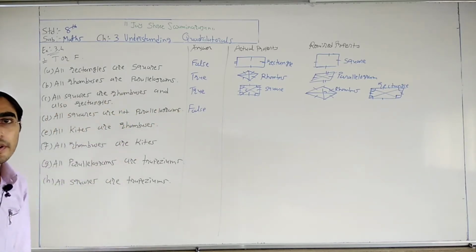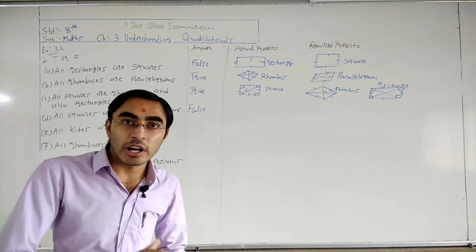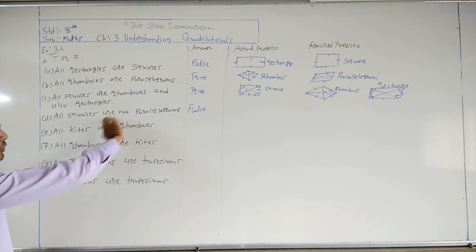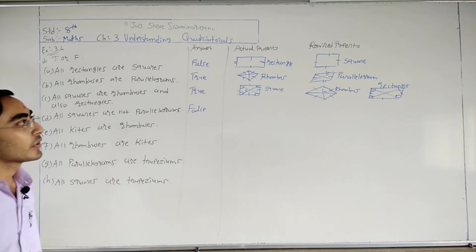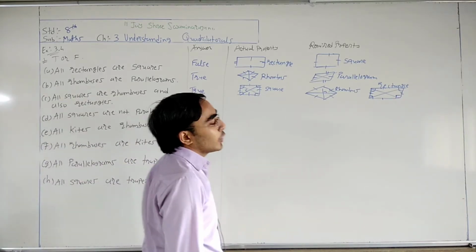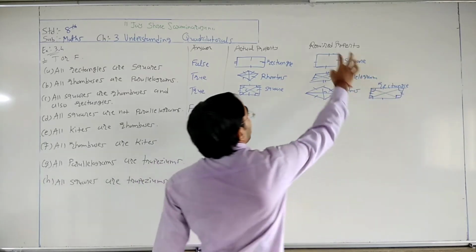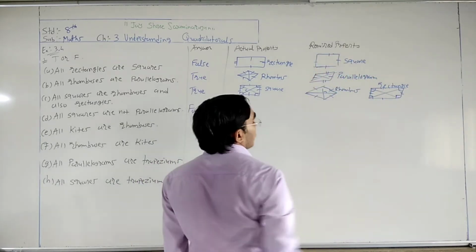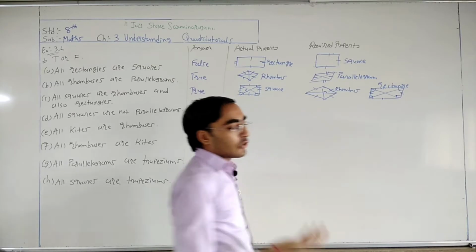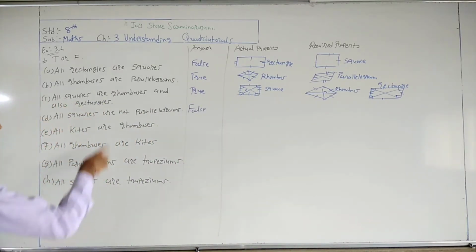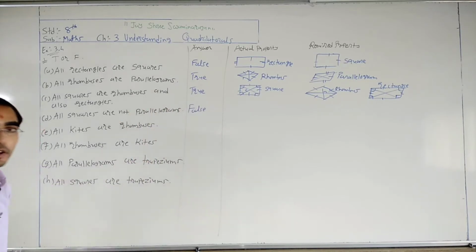In a parallelogram we want opposite sides equal and parallel, which we have in the square. Diagonals bisect each other, and in a square diagonals also bisect each other. So definitely all squares are parallelograms. Here not is written, that's why this statement is false.